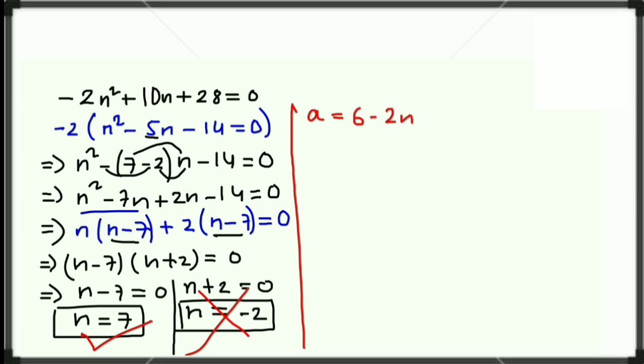Now 6 minus 2 into n equal to, we have just obtained 7. And here minus 2 into 7 minus 14. Then 14 is subtracted from 6. Then we obtain a, that is first term is minus 8. This is our final answer.